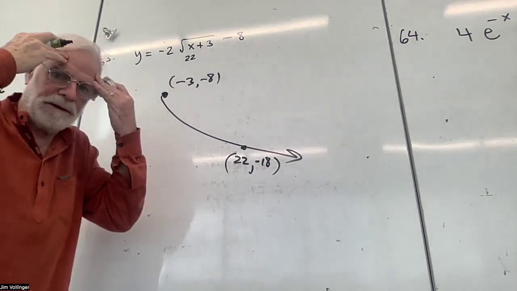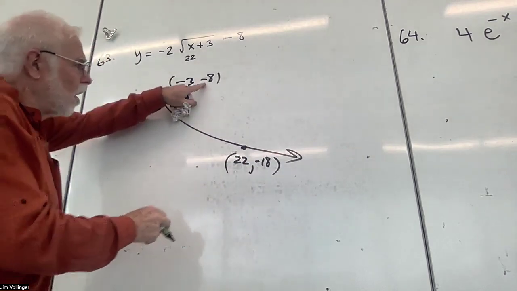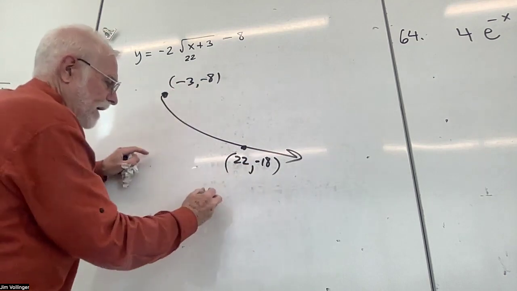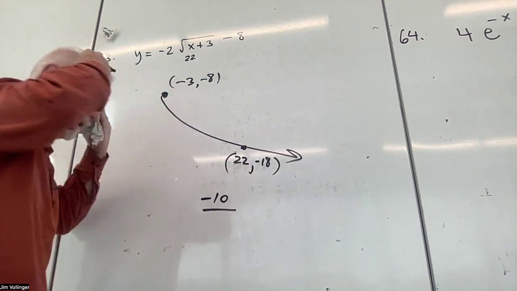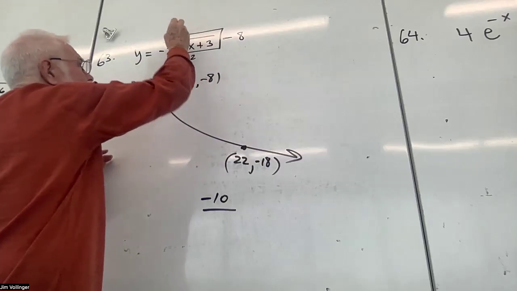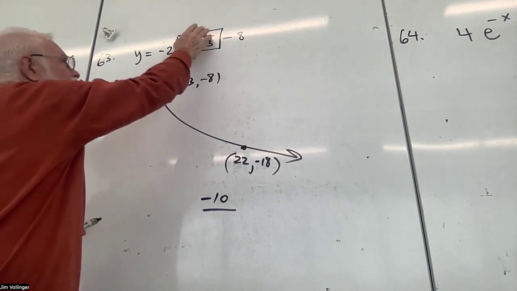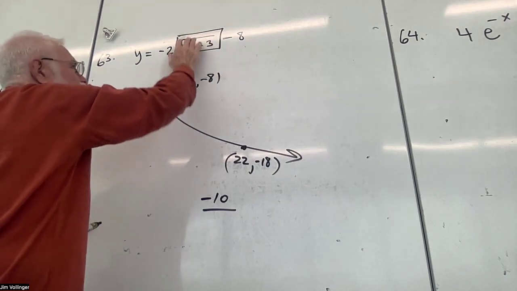But I am hoping that people look at it a little more carefully. What's my change in y? Looks like I've gone down 10. And here's the kicker. This is where change occurs. Right? That's where the change is occurring. As I put values in, this number is changing.